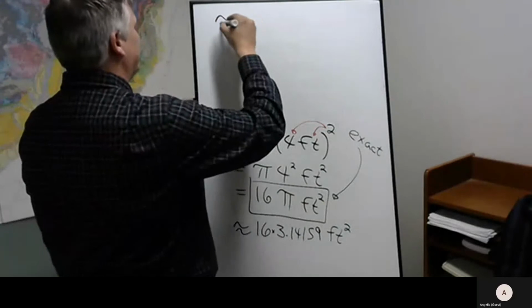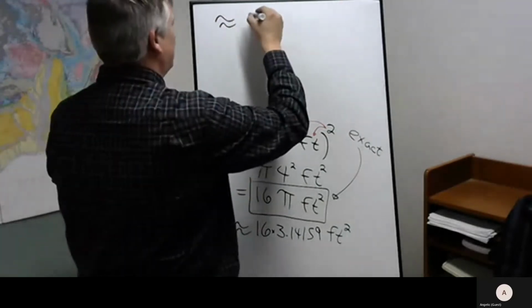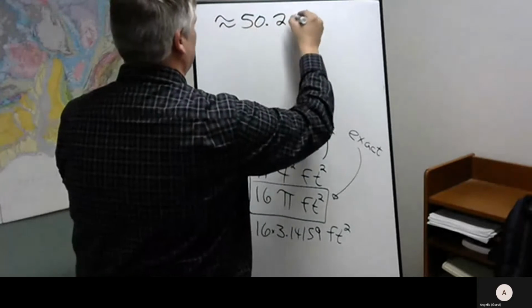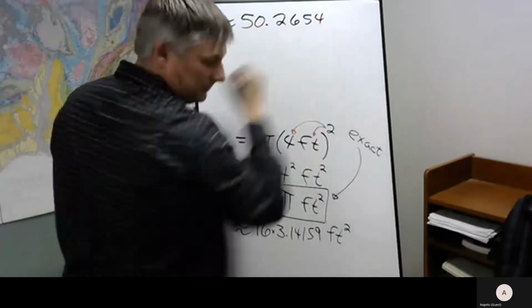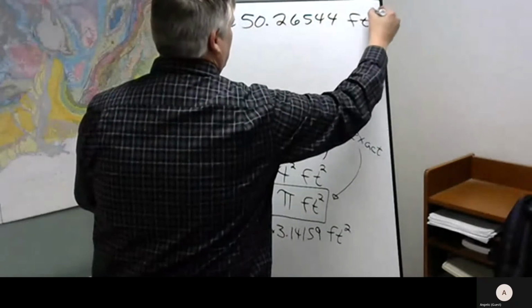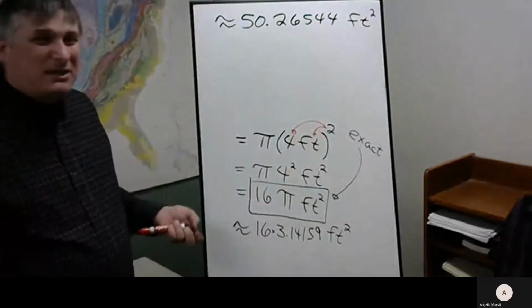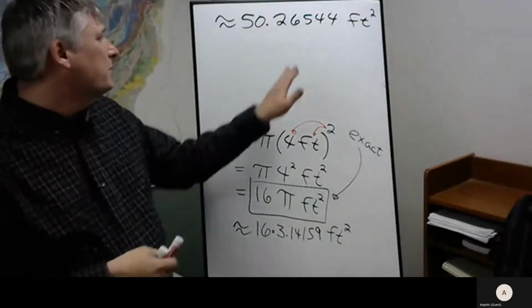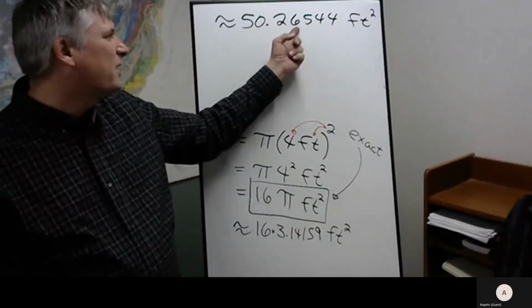And what we typically do, and the book will tell you this, or the homework, is we'll round to either the tenths or the hundredths.